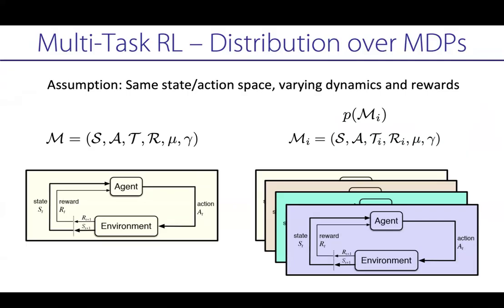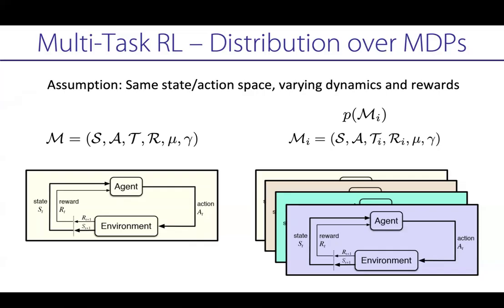Yeah, I guess it's not that different if you have a bunch of different policies or a conditional policy. Having a conditional policy is something like a single policy which takes in your task description. The difference is if you have a discrete set of policies, it's not clear how to generalize to the next one. Whereas with a conditional policy, you can generalize to the next one if your function approximator generalizes.